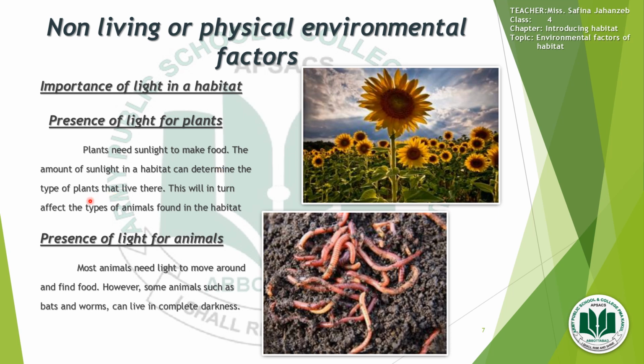So, plants need sunlight to make food. The amount of sunlight in a habitat can determine the type of plants that live there. This will in turn affect the types of animals found in the habitat.